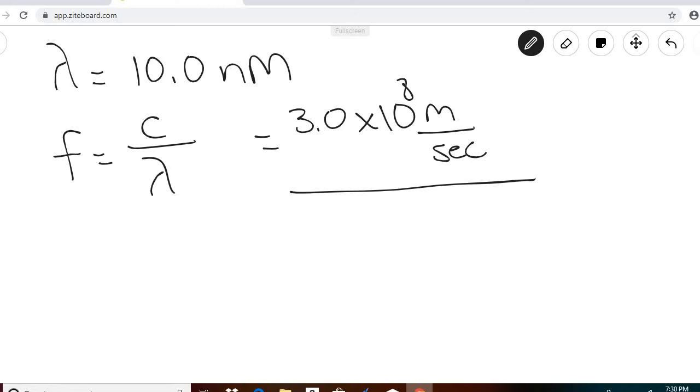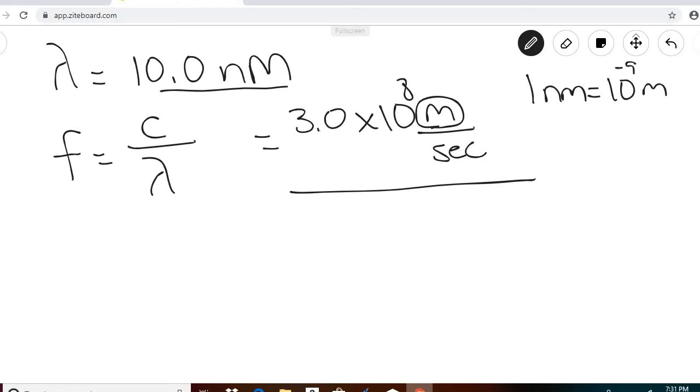However, since the speed of light is in meters, we need to change this to meters. And you will be given that 1 nanometer is equal to 10 to the negative 9 meters.